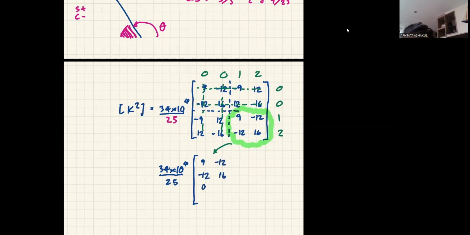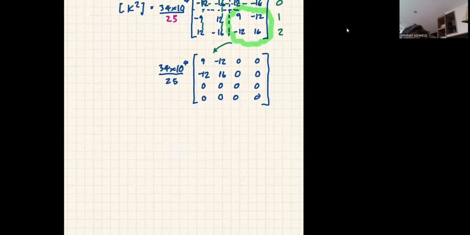And the rest is 0, right? That's it for member number 2. Is there any question? If there is any question, we move on to member number 3.